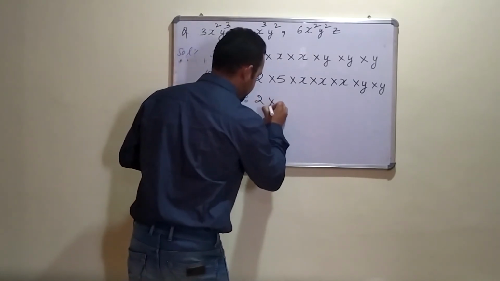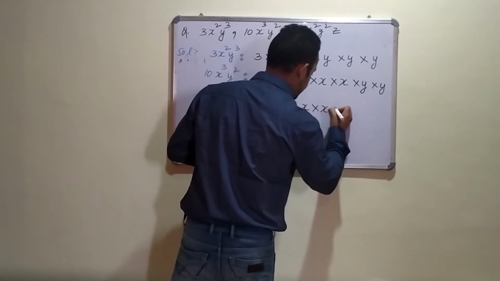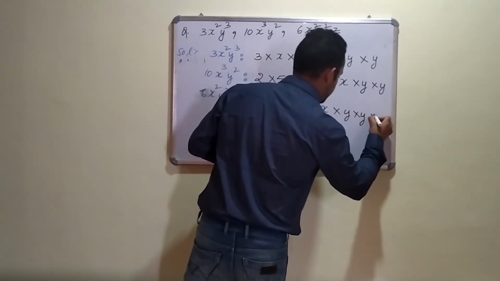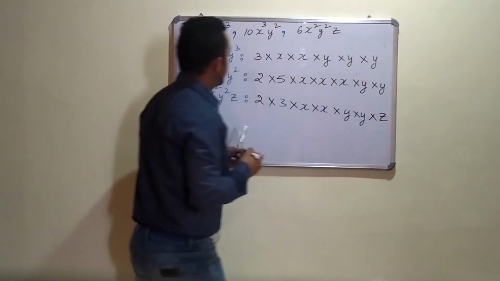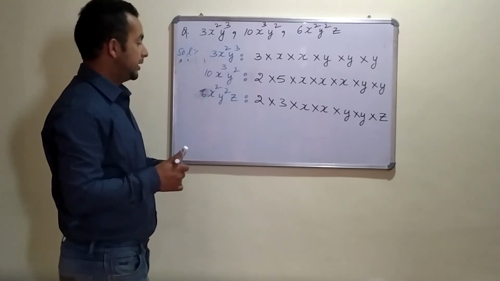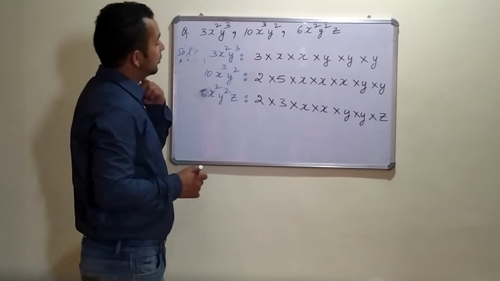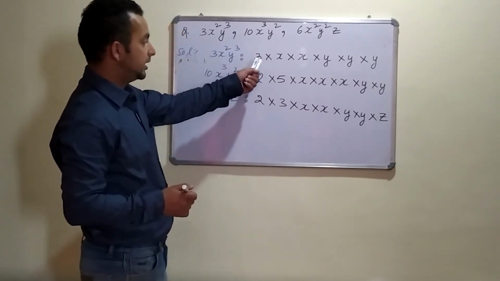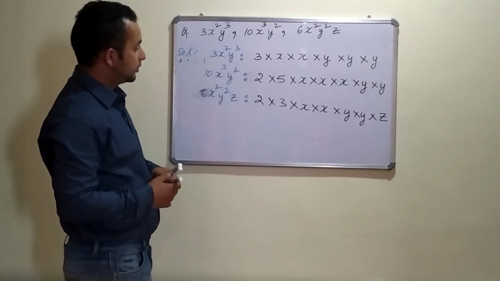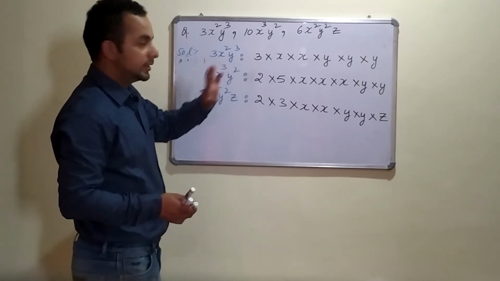So 2 into 3 into x into x into y into y into z. Now we have the three expressions 3x square y cube, 10x cube y square and 6x square y square z. So number 3 is here, but here we don't have 3. So 3 is not a common factor.